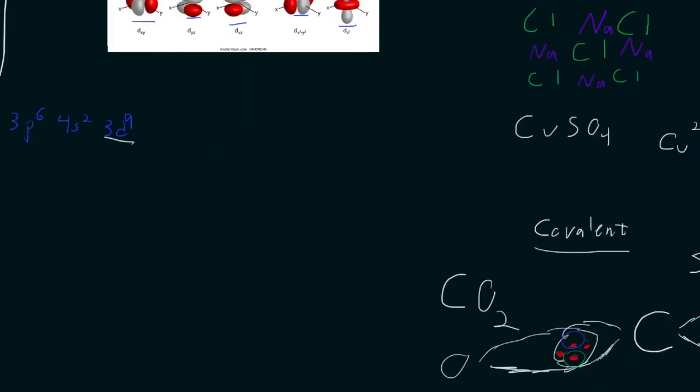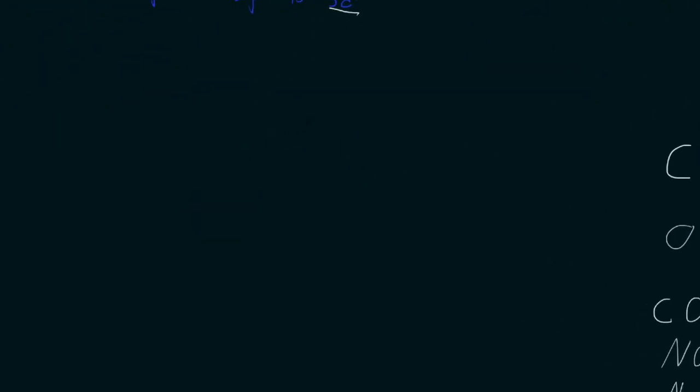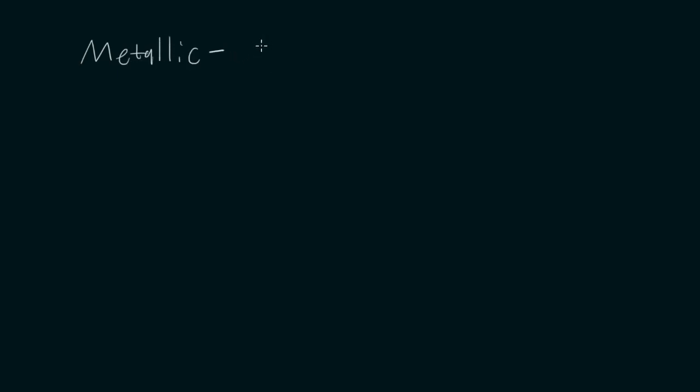So let's quickly write those down, just to review a little bit. We had metallic, where all atoms share all electrons. And then let's put ionic underneath that, ionic.